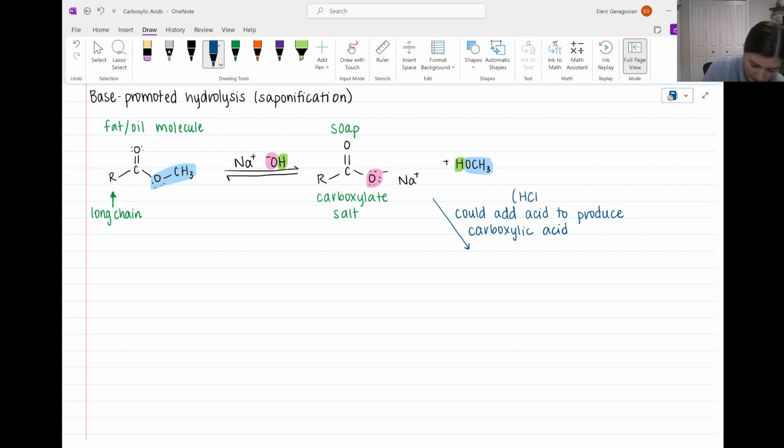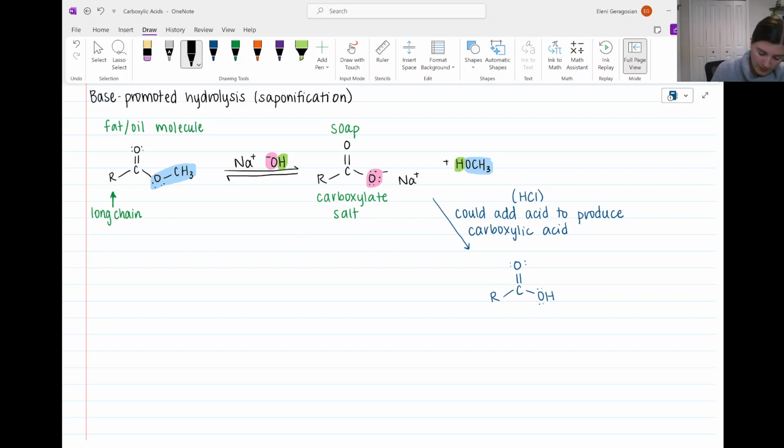Something like HCl, a strong acid, will certainly protonate the carboxylate salt, and you would form the carboxylic acid version. So this carboxylate salt is really just the conjugate base of the carboxylic acid. This is the ingredient or the functional group present in many soap molecules.